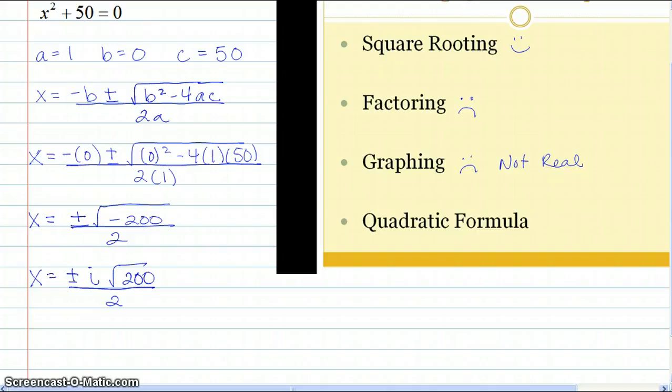My final method is the quadratic formula. When I use the quadratic formula, it should be in the same setup, and I want to know my coefficient. I first figure out my coefficients a, b, and c, and now I'm going to substitute them into the quadratic formula, watching out for any negative signs. Did that. Now I need to simplify, continue to simplify.